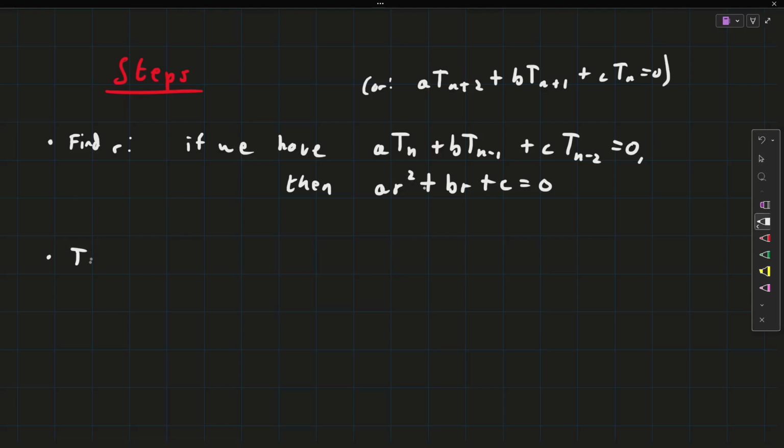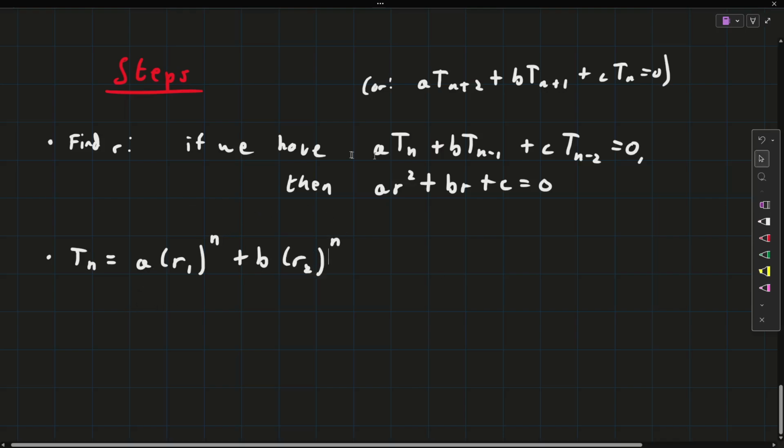Then our solution, remember, is going to be some number times the first r to the power of n plus some number times the second answer to the power of n. Remember for our first order ones, we didn't have this second term. This was just our general solution. But here, because we have 2 solutions and we have 2 initial conditions, we have to write it like this, okay? The reason is we need 2 unknown variables so that we can use both initial conditions, t0 and t1.